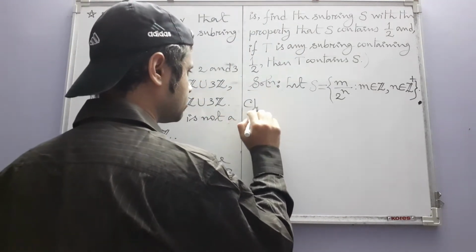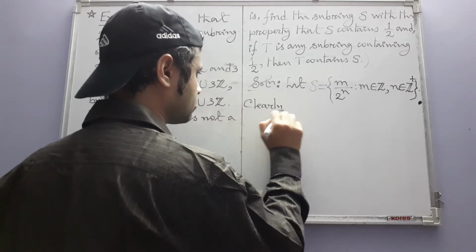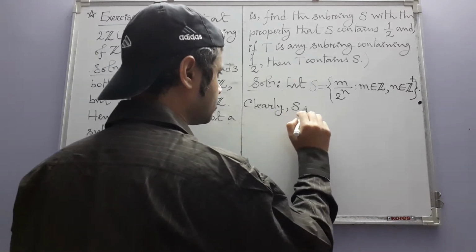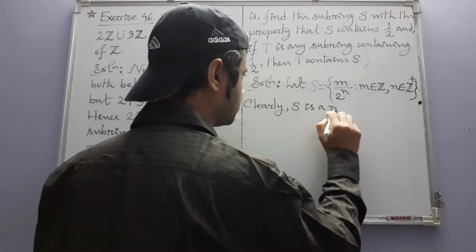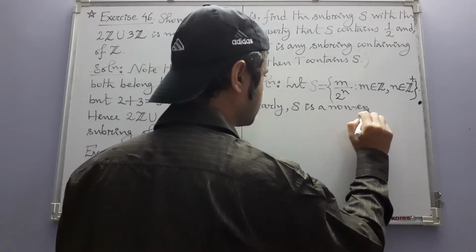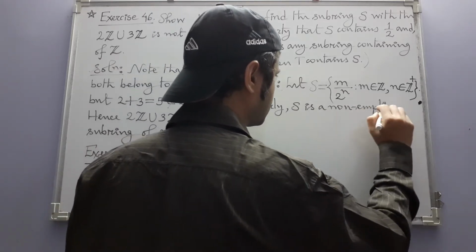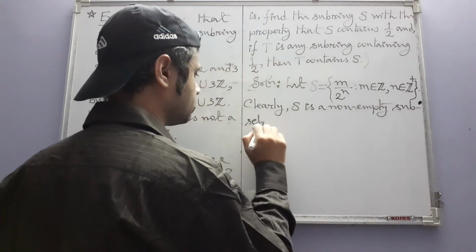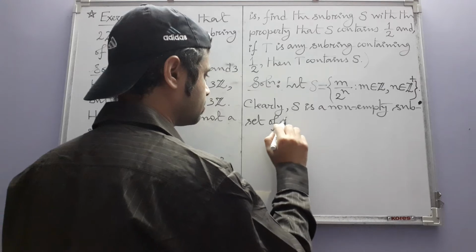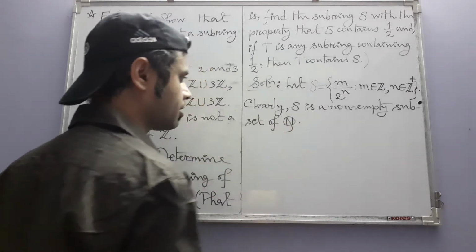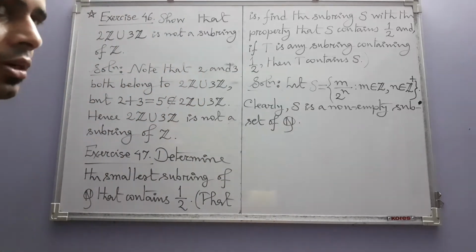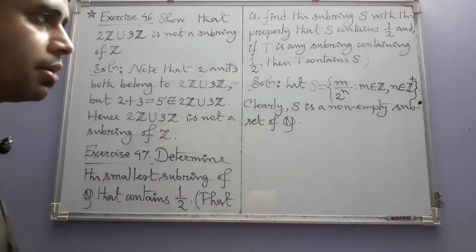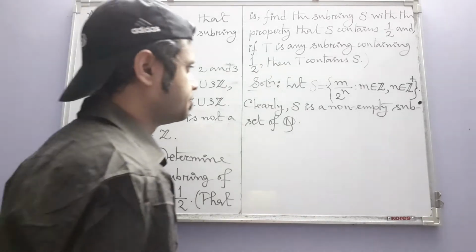Clearly, S is a non-empty subset of the set of rational numbers. Naturally, in fact, S will be an infinite subset.